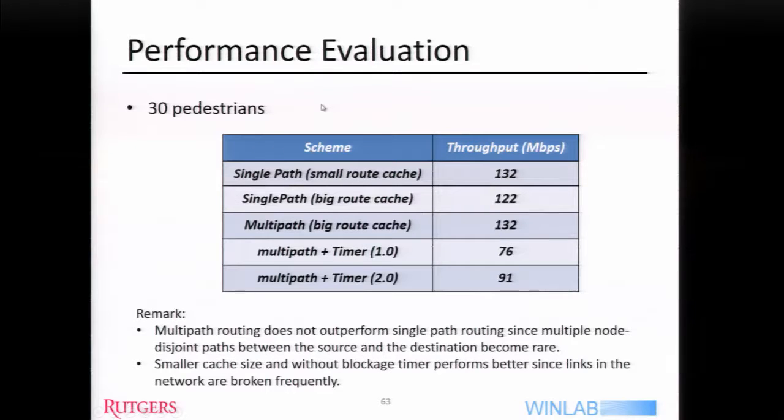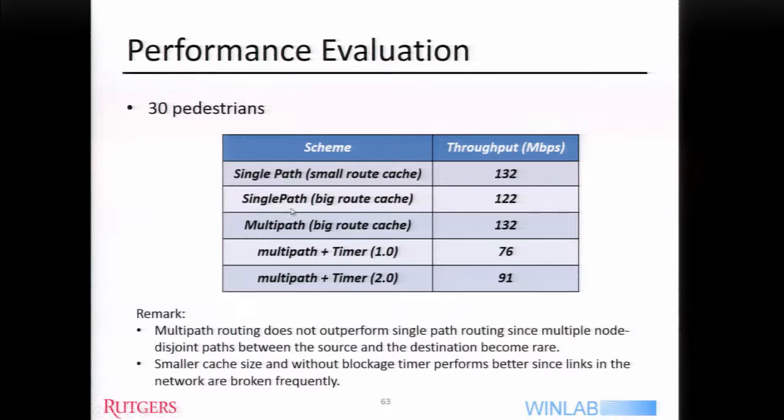But unfortunately, the result is not good when there are 30 pedestrians moving in the network. As I mentioned in the previous slide, when 30 people are moving in the network, it is actually hard to find two non-destroying paths, because each route has more than 50% probability that it cannot be used.